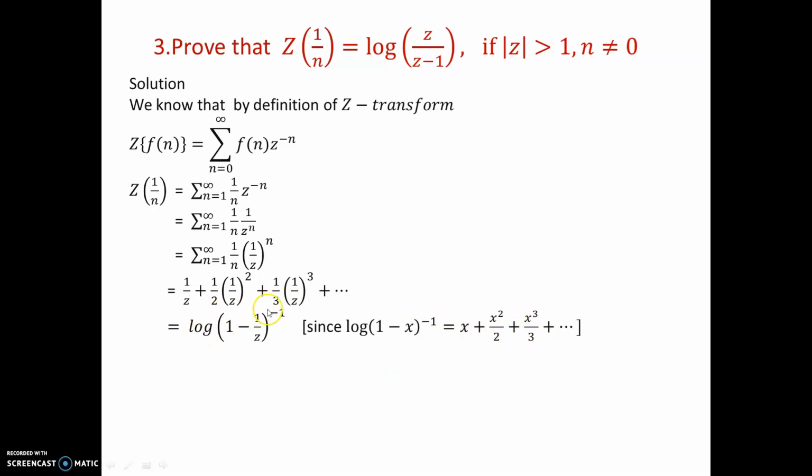So log of 1 minus 1 by z the whole inverse. 1 minus 1 by z the whole inverse can be written as 1 divided by 1 minus 1 by z. In denominator, taking LCM z, we get z minus 1 by z. The reciprocal of z minus 1 by z gives log of z divided by z minus 1.